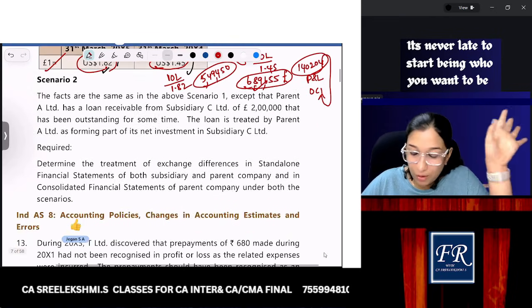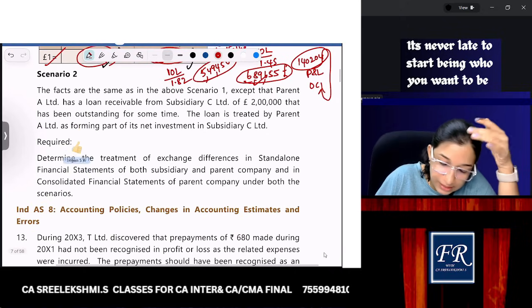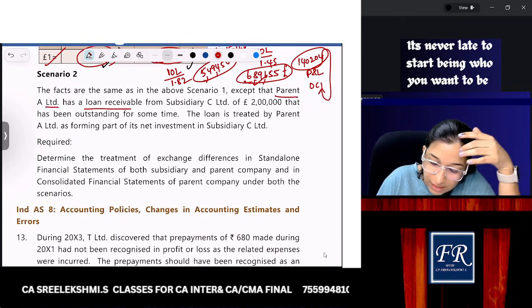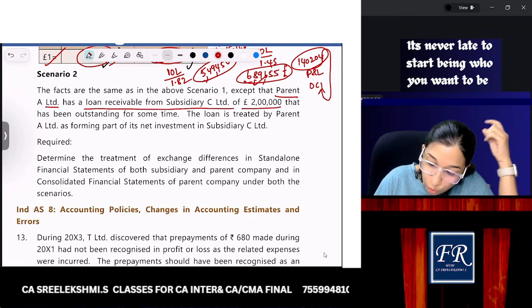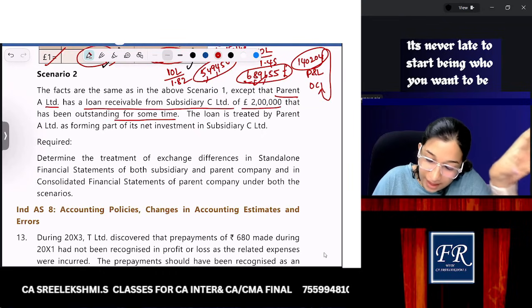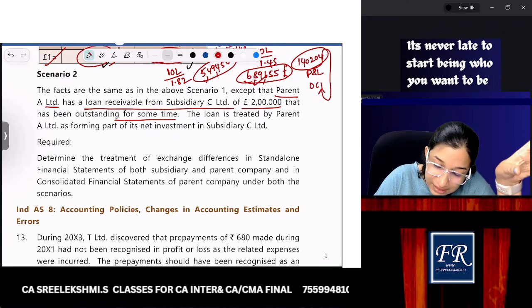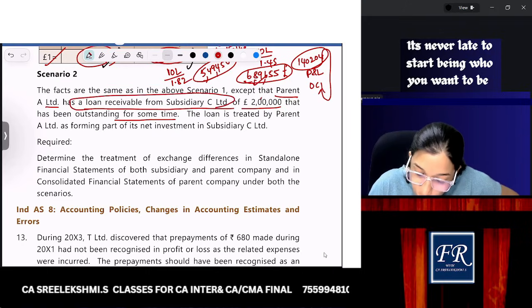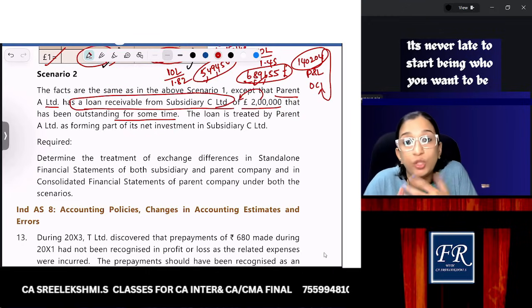And the facts are same as in the above scenario, except that parent A Limited has a loan receivable from subsidiary C Limited of 2 lakh pound that has been outstanding for some time. The subsidiary should pay 2 lakh pound, which means the parent has given 2 lakh pound.